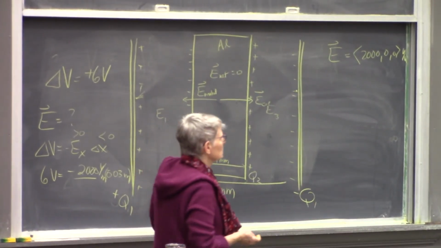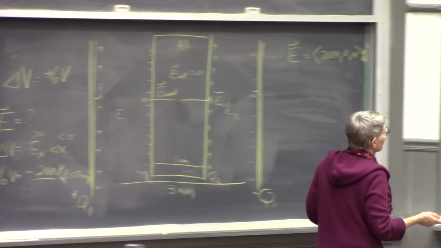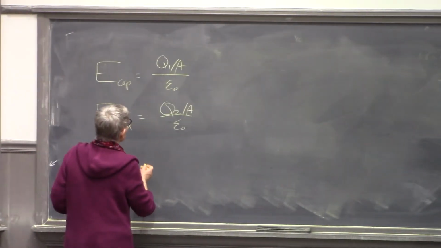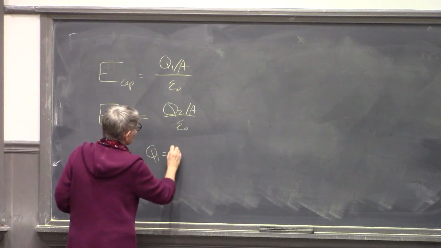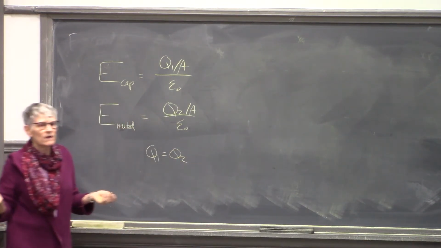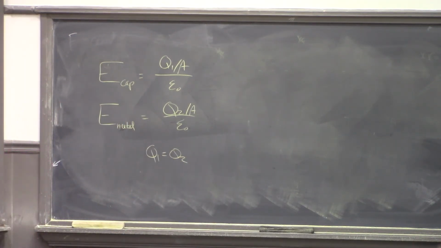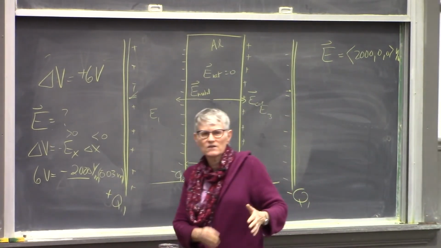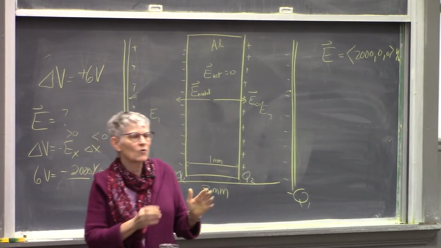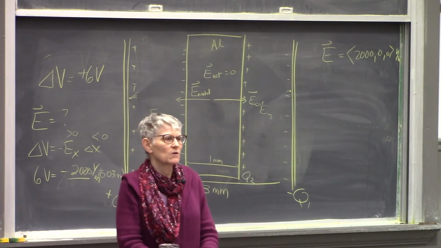So those areas are the same. So it looks like for these things to be equal and opposite, Q1 has to equal Q2. Now we are making the assumption that all these distances, the radii of these things, are much, much bigger compared to 3 millimeters, right?